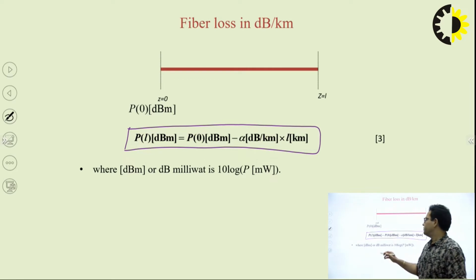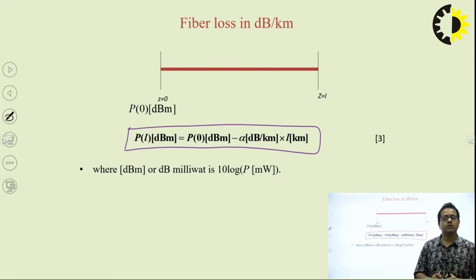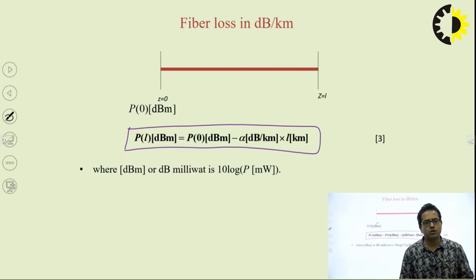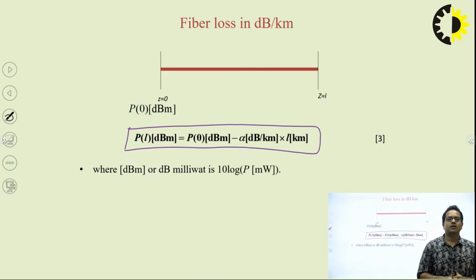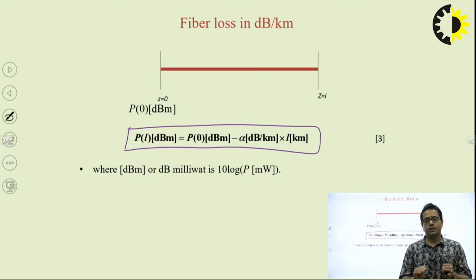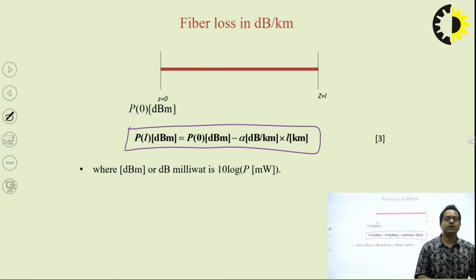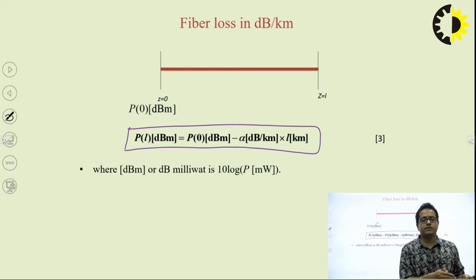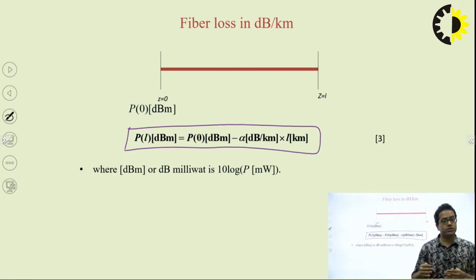Because we always want to calculate the cost of our implementation of an optical link, and that cost also includes the number of optical amplifiers required between the transmitters and receivers, as well as the number of regenerators required between the transmitters and receivers, because these devices in between a transmitter and receiver cost a lot.